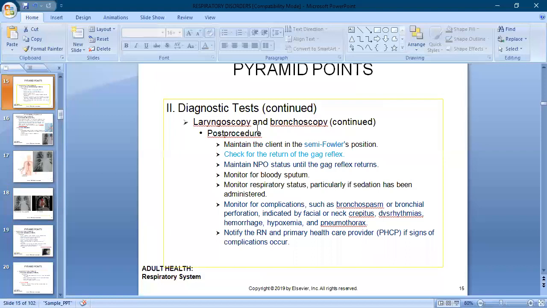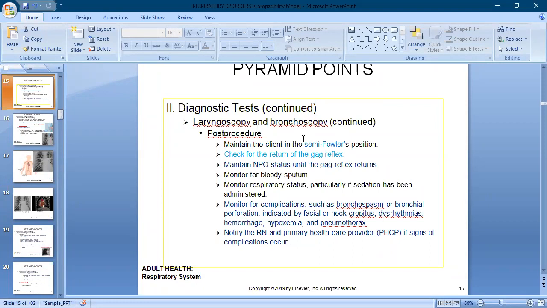Laryngoscope and bronchoscope, post-procedure. Patient positioning, semi-Fowler's. Any kind of respiratory problem, always semi-Fowler's or high-Fowler's positioning. Patient is nothing by mouth before the procedure. After the procedure, you should check the gag reflex.